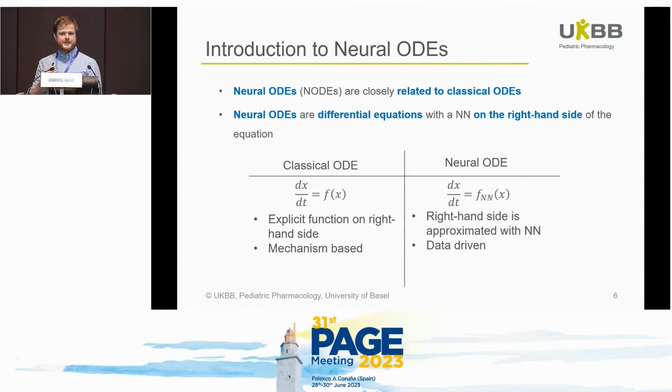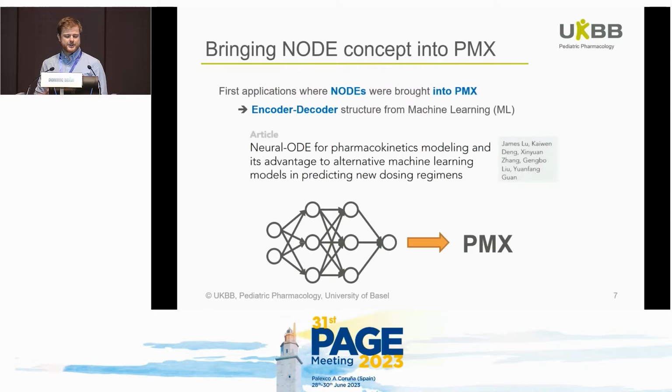You heard yesterday already about neural ODEs, so we are not the first group using this method in pharmacometrics. One of the first publications actually was this very nice work from James Liu et al. They used this common machine learning approach of encoder-decoder, and they nicely fitted pharmacokinetic data.